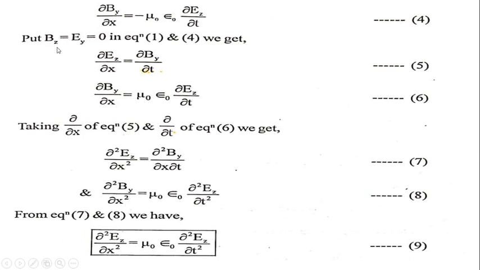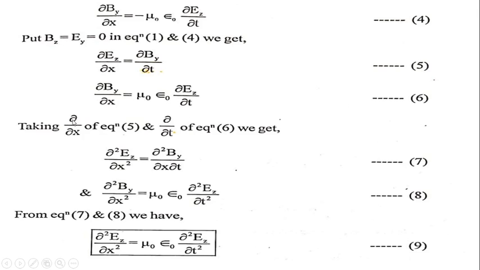Put Bz equal to 0 and Ey equal to 0 in equations 1 and 4. We get del Ez by del x equal to minus del By by del t, and del By by del x equal to minus mu 0 epsilon 0 del Ez by del t.